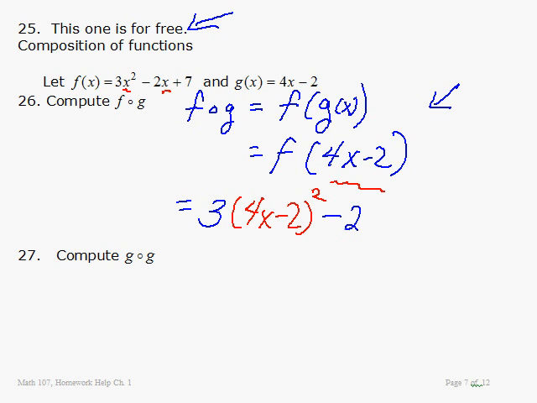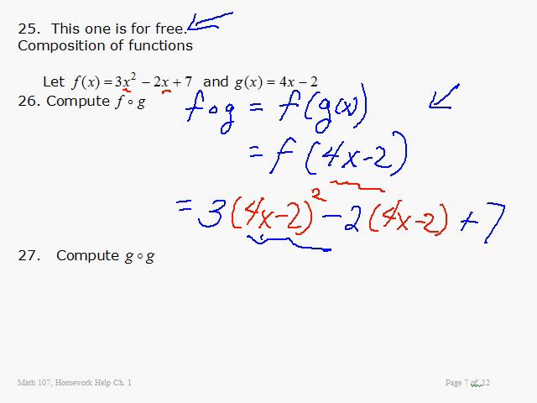Then I had a negative 2, here's another x. So again, 4x minus 2, and then plus 7. Then just work out the arithmetic. That is F composed with G. Remember, you have to FOIL this and combine similar terms. The importance is to get this idea of outside-inside functions and then get that replacement.